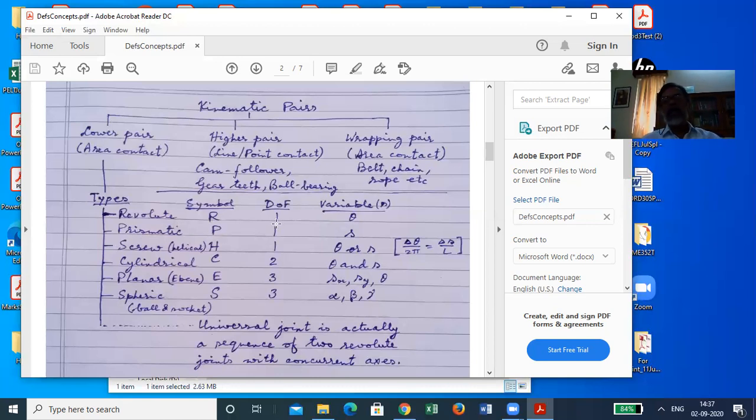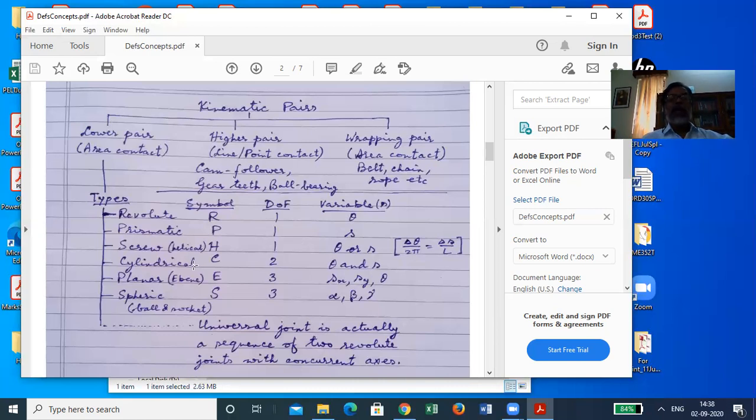Degree of freedom is again 1. In this case, the variable is theta. Relative rotation is possible in revolute pair. In the corresponding prismatic pair, a relative linear displacement or the corresponding position is involved as the coordinate. That is, I am denoting it as x. Fine.